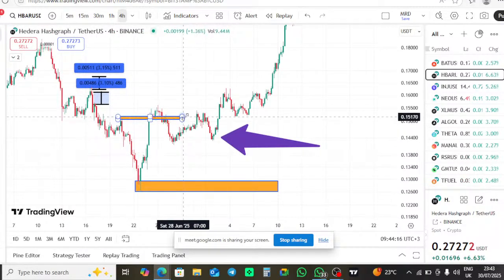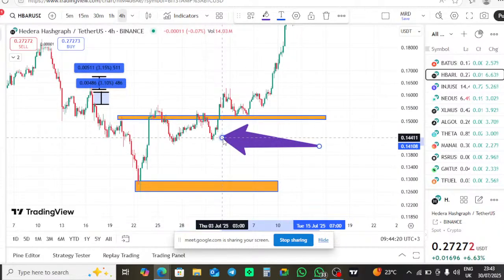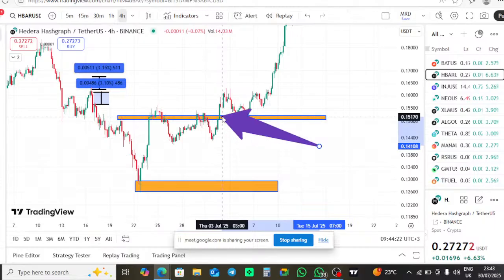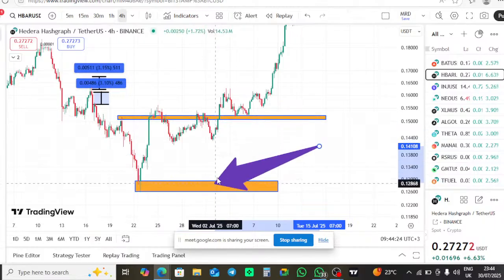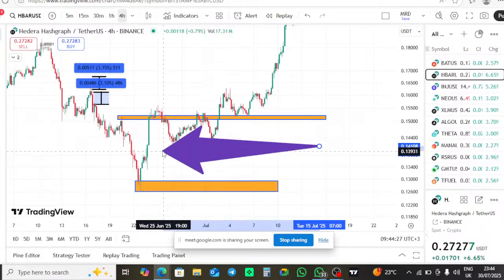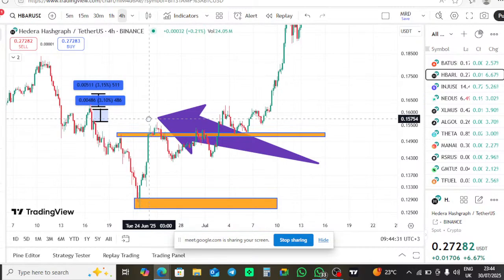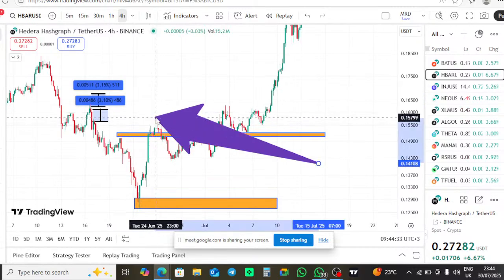And let us make this longer. Now, we have 2 points. This one, which is demand, and this one, which was supply. Now, the market tried to break the supply and again closed above the supply, which was this.